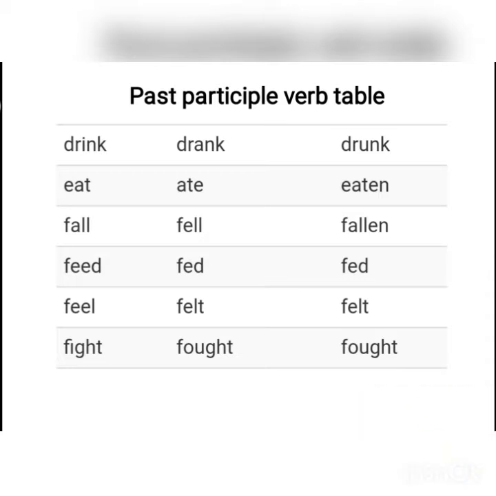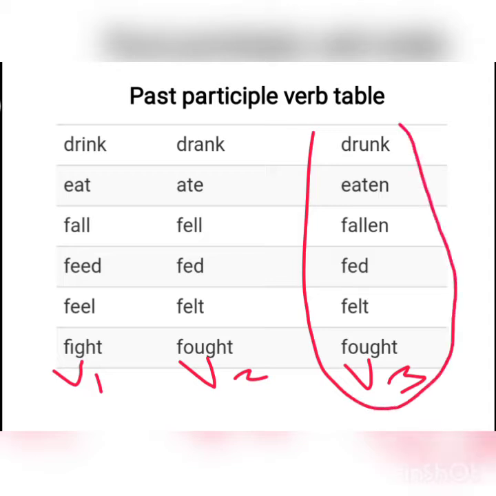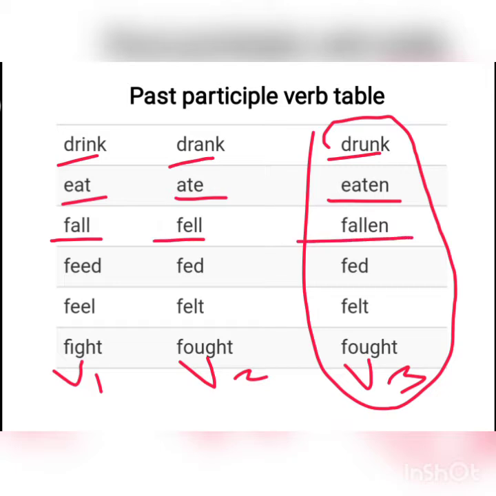Next, this is the past participle table. This is verb 1, this is verb 2, and this is verb 3, the past participle. So drink is the present verb form, drank is the past verb form, and drunk is the past participle. Eat, ate, eaten. Fall, fell, fallen.